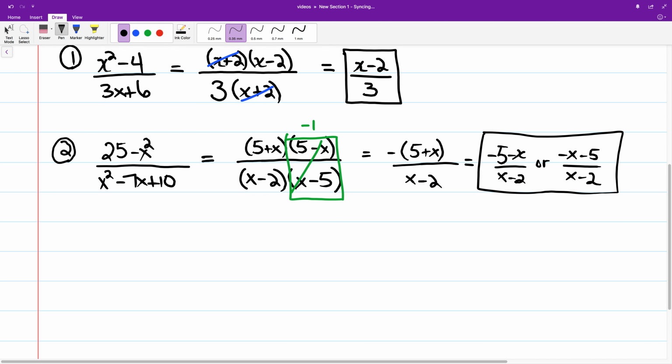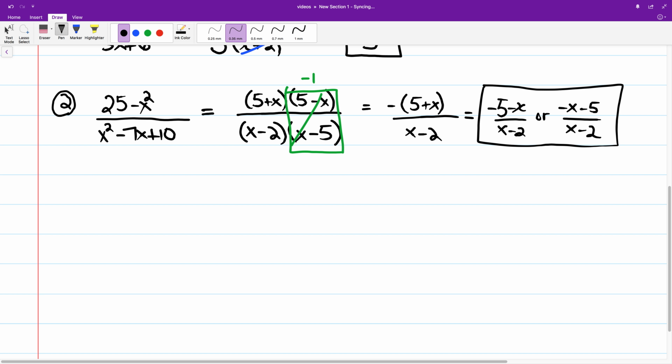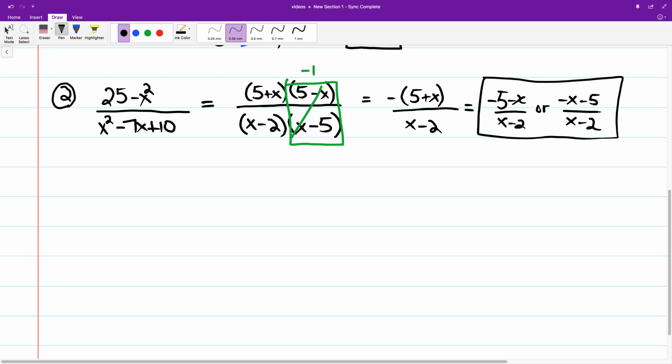And let's say that another case. And going back to adding rational expressions.